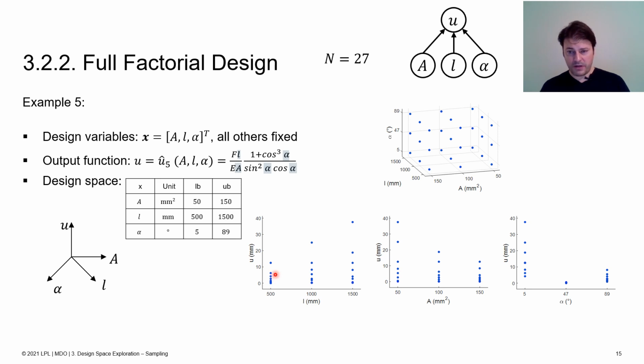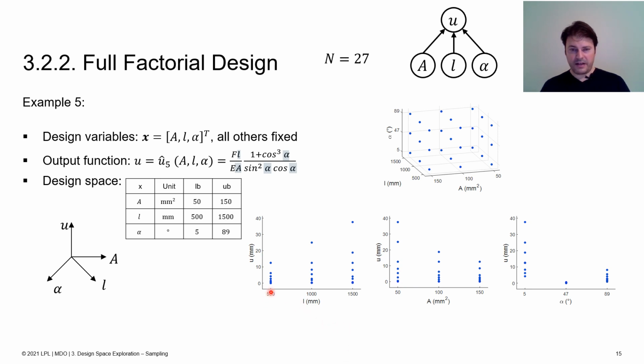So remember, we added one design variable and we varied this in our sample design as well as A and L, of course, but L in this diagram is fixed at 500 millimeters and A and alpha do change. And now you get an idea of what L does to the function output while the other design variables, A and alpha, are still varying. And the same is true for the other scatter plots.